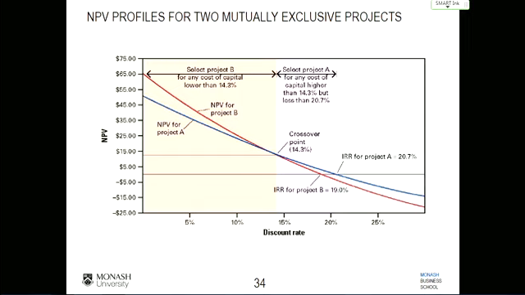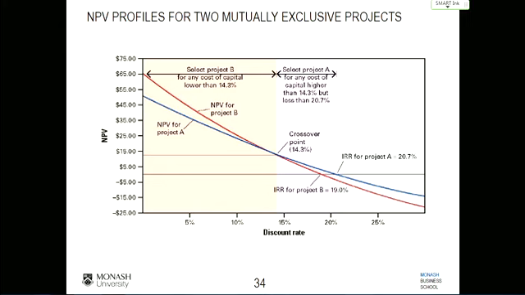How about the IRR method? IRR for A is 20.7%. IRR for B is 19%. Which one are we choosing? A. So with the IRR criteria, we are always going with project A. With the NPV criteria, it will depend on our choice of discount rate, right?